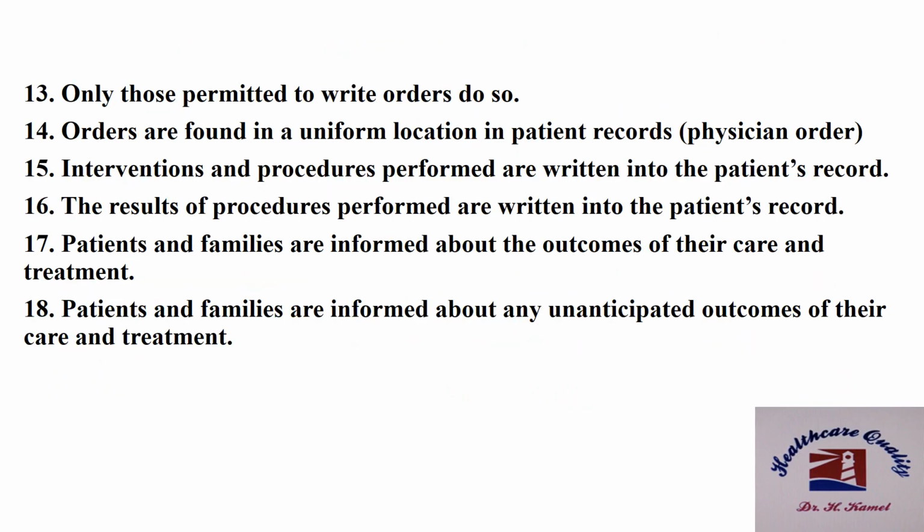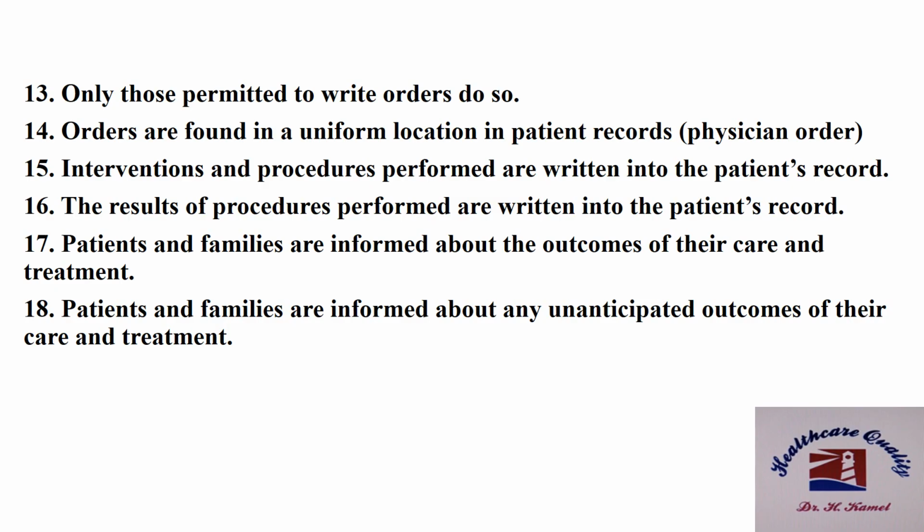Number 13, only those permitted to write orders do so. Number 14, orders are found in a uniform location in the patient record. Number 15, interventions and procedures performed are written into the patient's record.